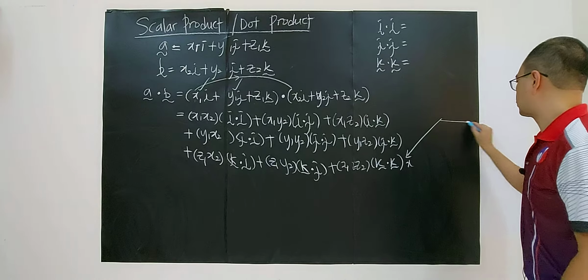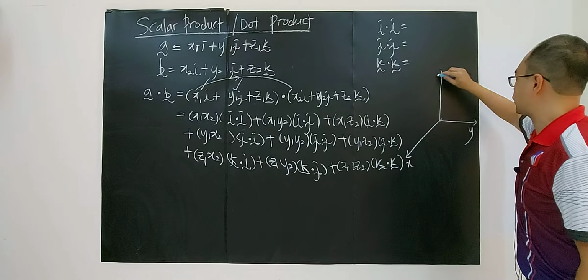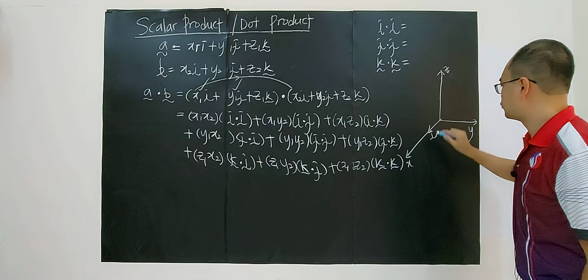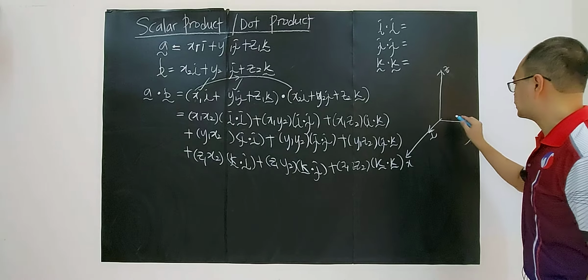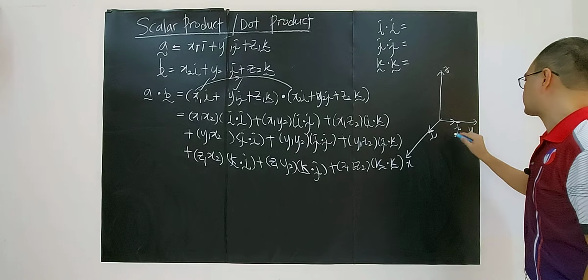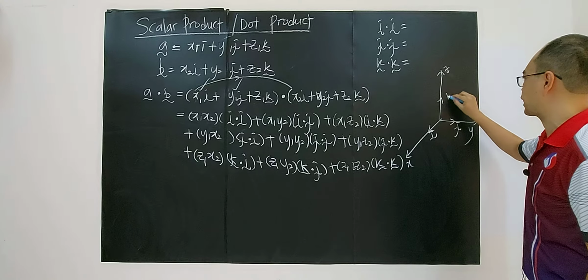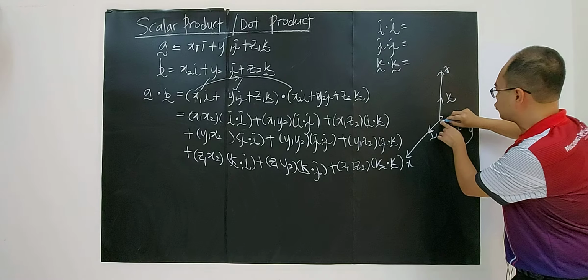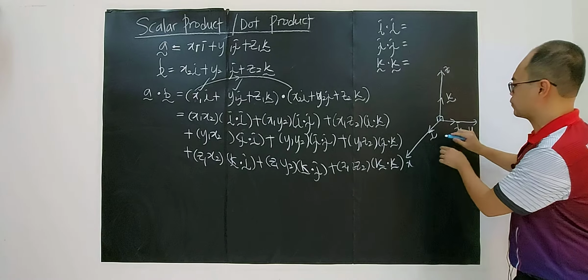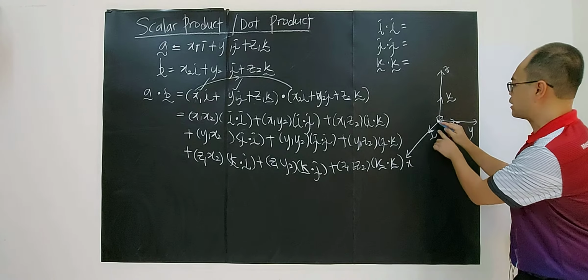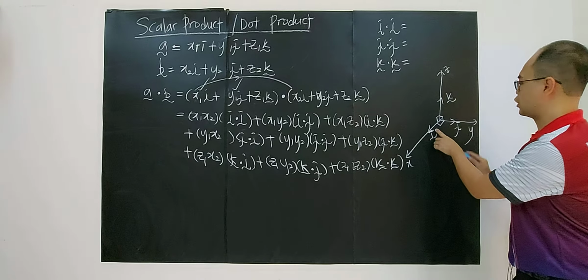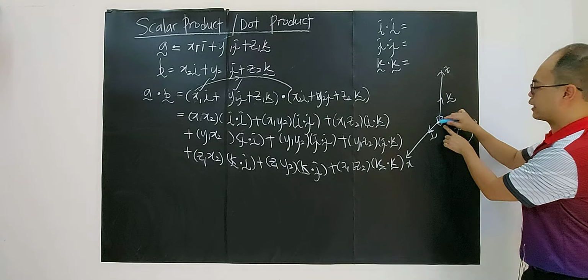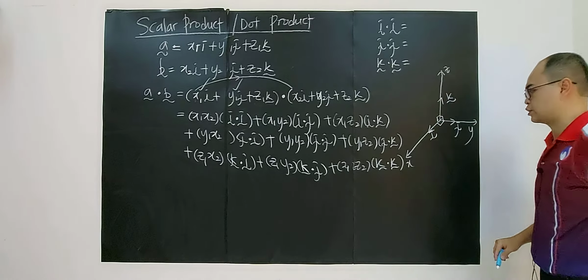You have the x, y, z axes, where i is the unit vector for the x axis, j is the unit vector for the y axis, and k is the unit vector for the z axis. Each axis is perpendicular to the other two axes. For example, the x axis is perpendicular to the y and z axes, and y is perpendicular to z and x. They are perpendicular to each other.